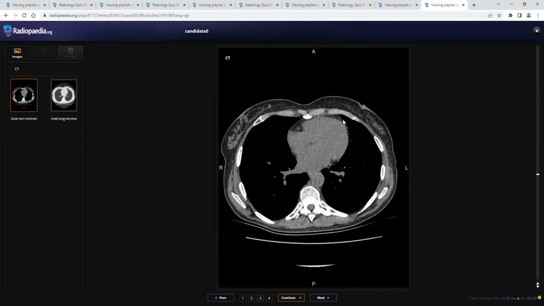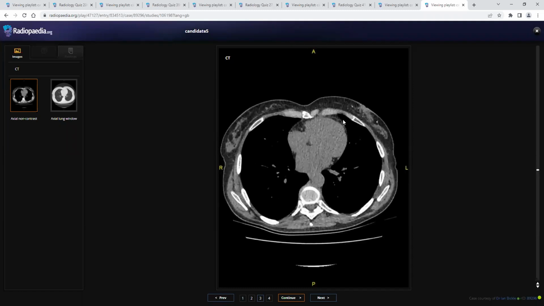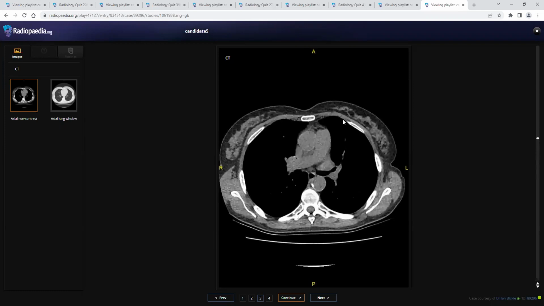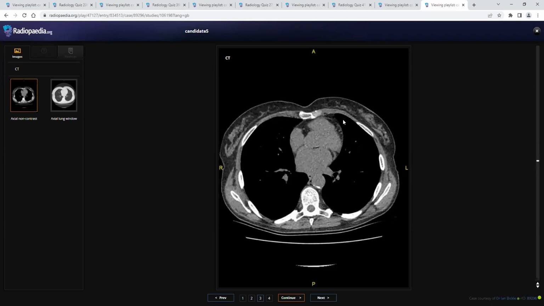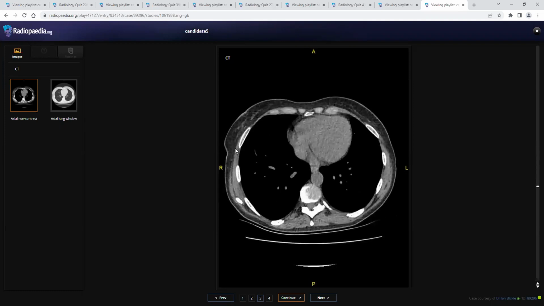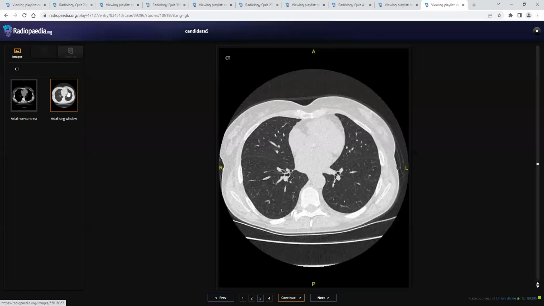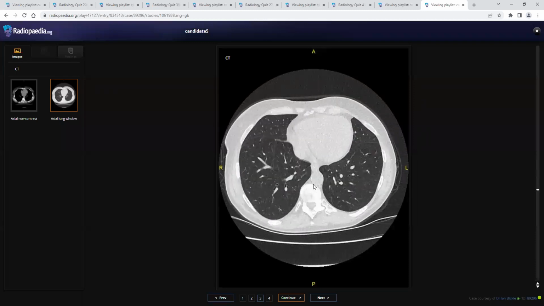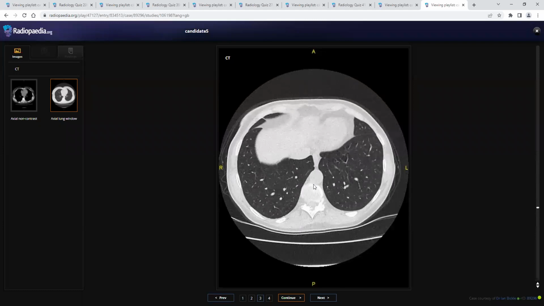I can appreciate that there seems to be some enlargement of the left atrium, possibly slightly enlarged. I'll have a look at the lung windows too before I narrow down my differential possibilities.